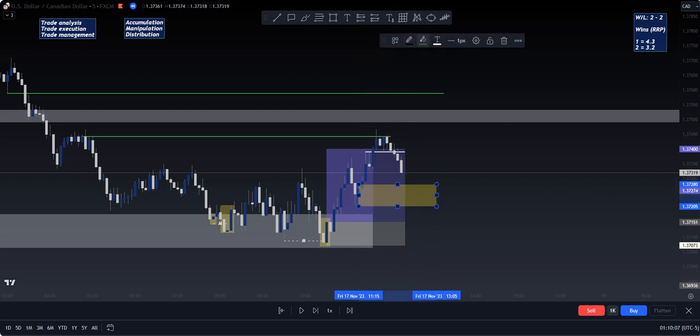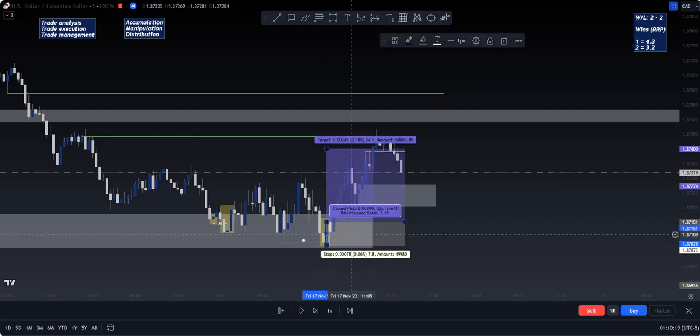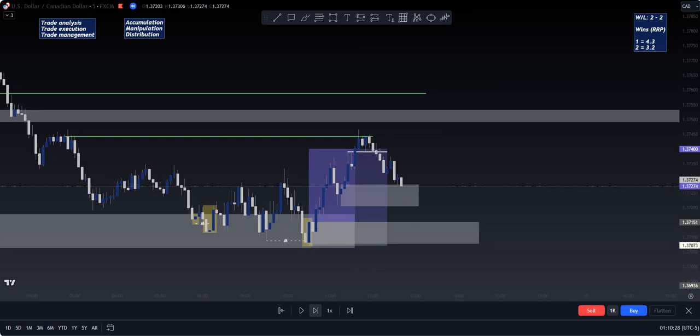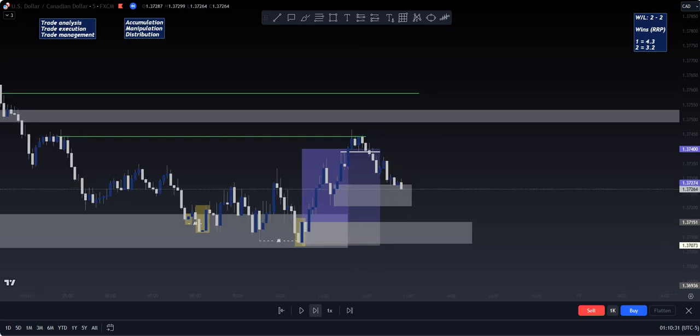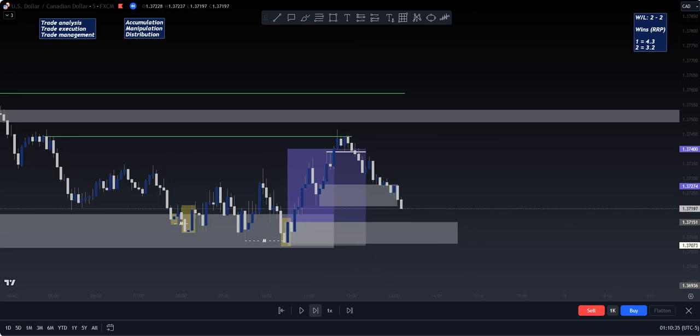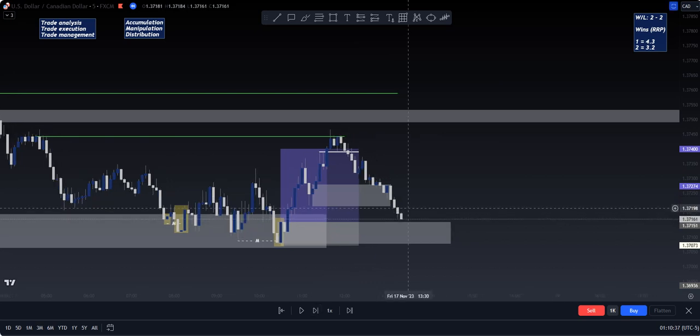That's either gonna happen here, or maybe it'll come back down to the extreme at the bottom here. But whatever happens, I want to see a candlestick confirmation before I actually try and trade it back up. No reaction here.